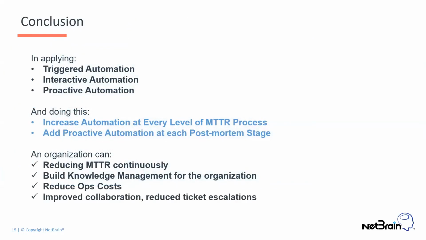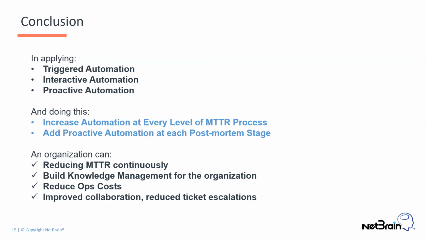All right, so in summary, as you saw with the first demonstration, by applying triggered automation, interactive automation, and proactive automation concepts, and by increasing automation at every level of the incident response workflow, and then with the second series of demonstrations, by adding that proactive automation at each postmortem stage, we have the ability to reduce MTTR continuously over time, to build up our operational knowledge database, essentially acting as a force multiplier for every engineer on the team.